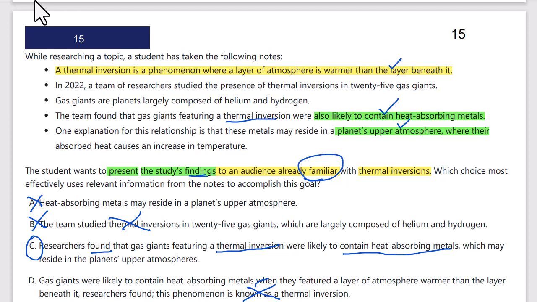We don't need to make that definition. So D is not correct. So note some of the answer choices are not referencing thermal inversion as the topic. Some answer choices are introducing it or defining it to an audience that's already familiar with it. And some answers are providing just methods or other parts of the study, not the findings.